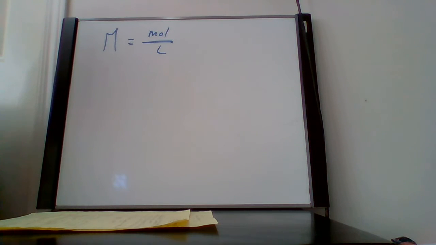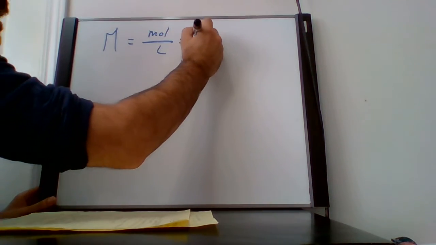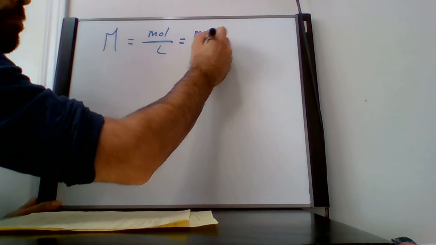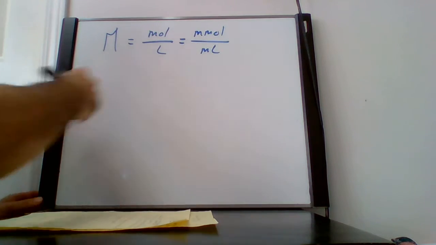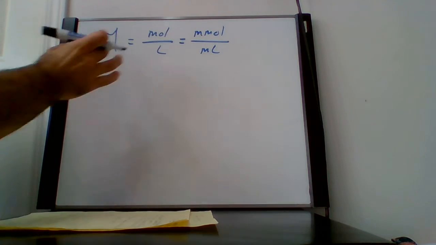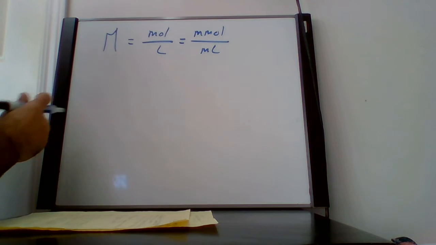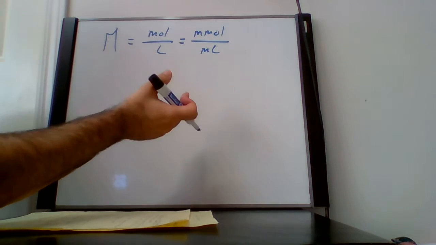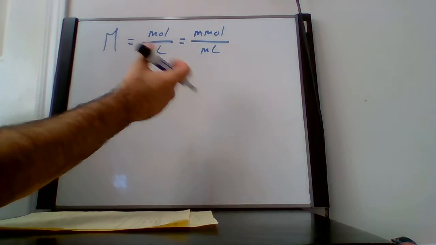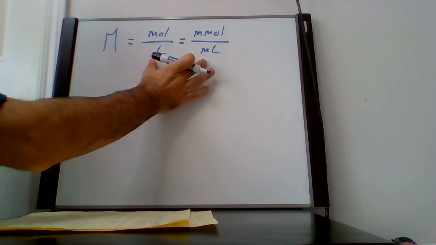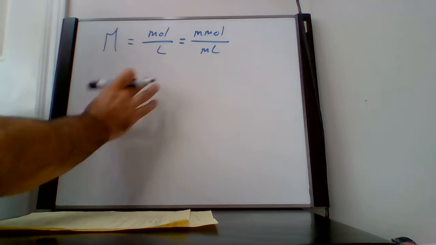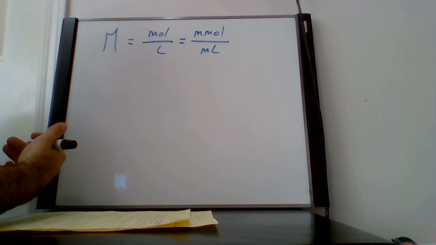So we can do that conversion from liters into milliliters and vice versa, or we can also look at this and say millimoles per milliliter. 1 mole per 1 liter, well, there's 1,000 millimoles in a mole, there's 1,000 milliliters in a liter.